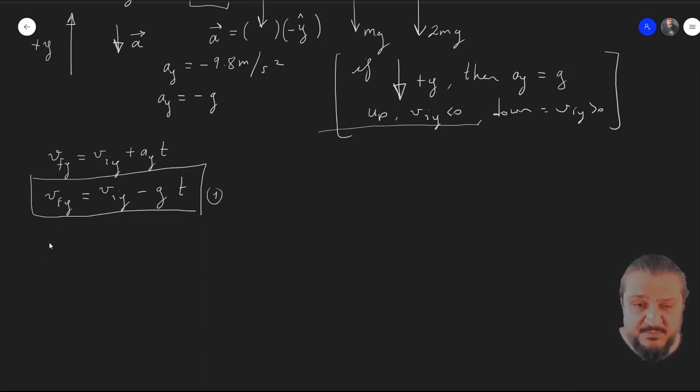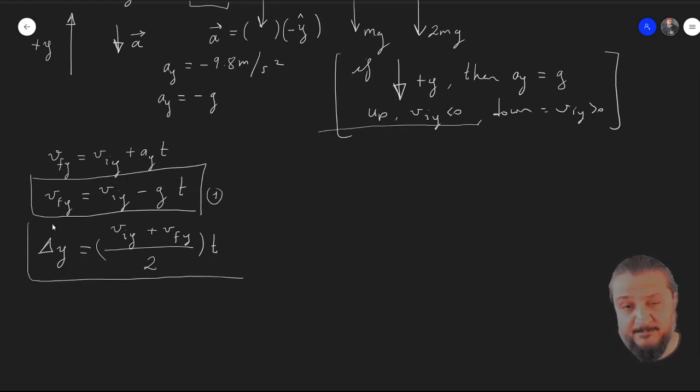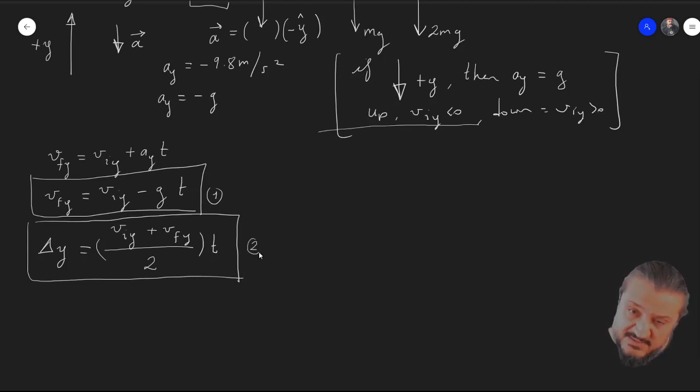Equation number 2, I believe, was about delta Y. So delta Y equals V initial Y plus V final Y divided by 2 times T. Okay, this was easy. Just the average of the velocities times the time elapsed. Okay, and there was another equation for delta Y, which is, by the way, YF minus Y initial, right, by definition.